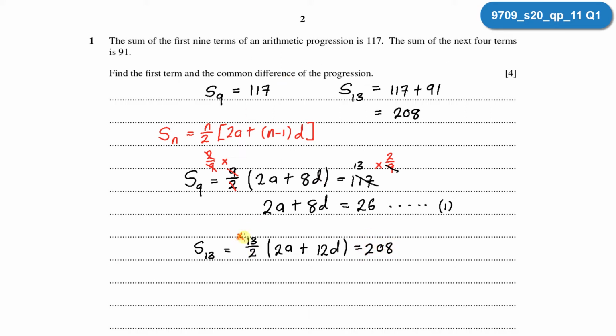And if I multiply both sides by 2 over 13, then the 2's will cancel, the 13's as well. So I'm left with 2a plus 12d is equal to, and I simplify this part, 13 gets into 208, 16 times. And 16 times 2, that's 32. And this is the second equation.